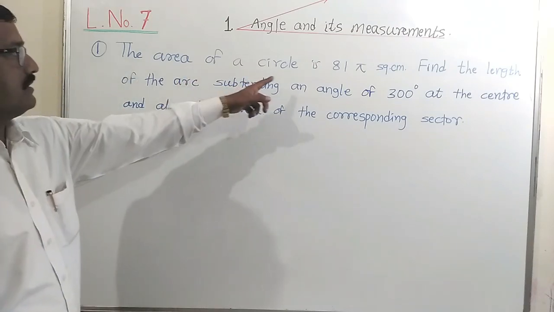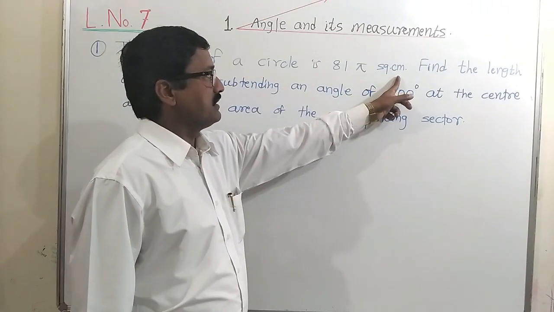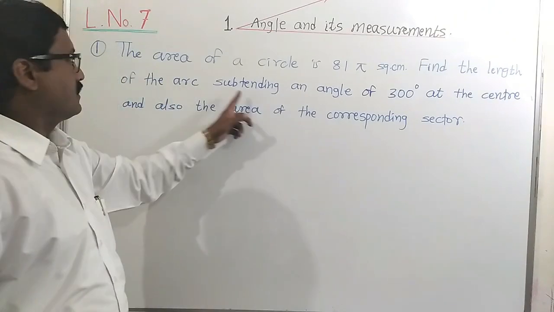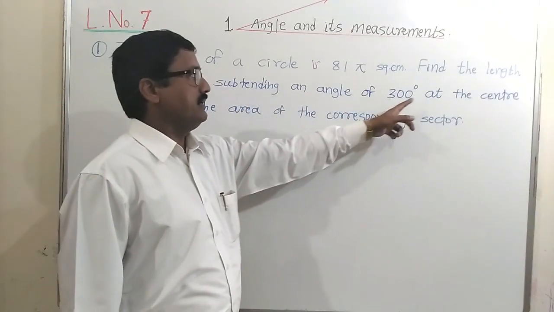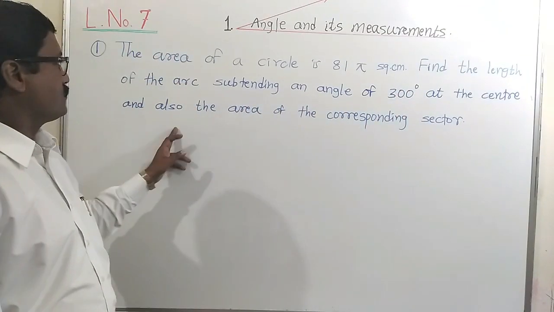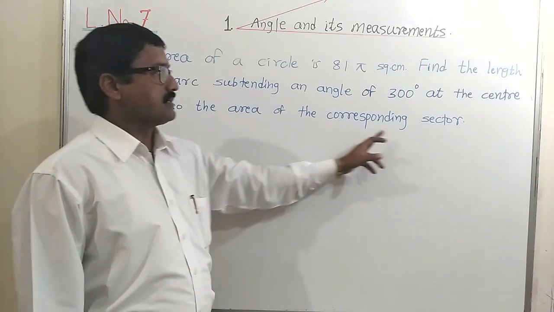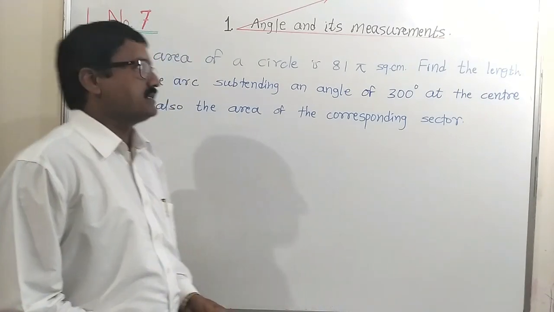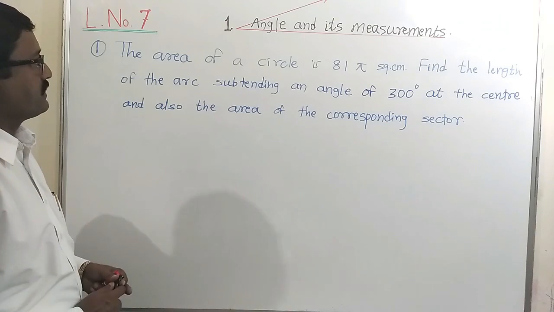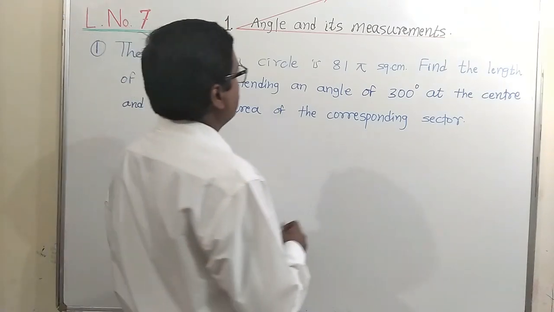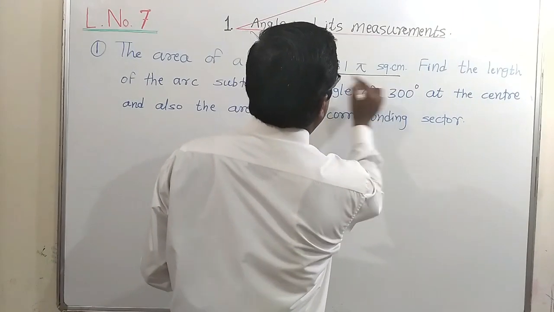The area of a circle is 81 pi square centimeter. Find the length of the arc subtending an angle of 300 degree at the center and also the area of the corresponding sector. In this example, the area of the circle is given as 81 pi square centimeter.